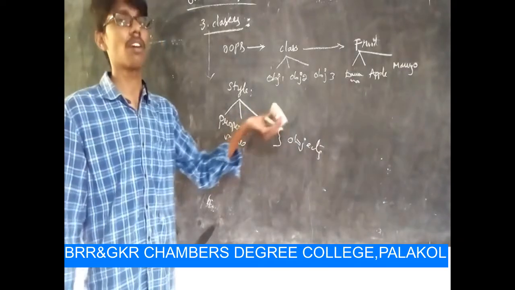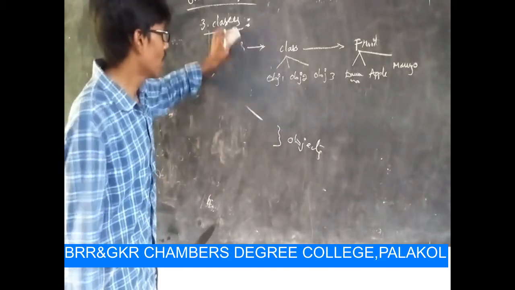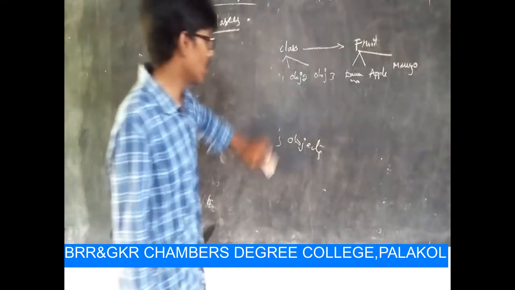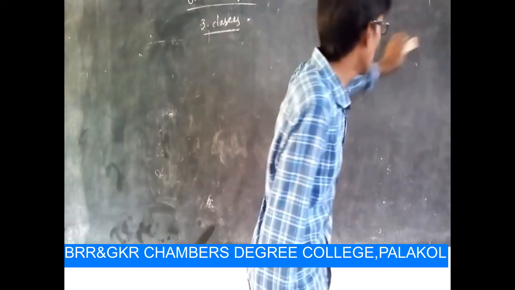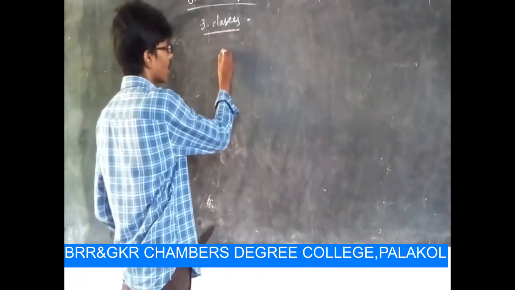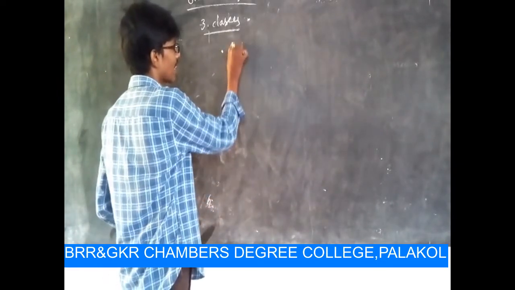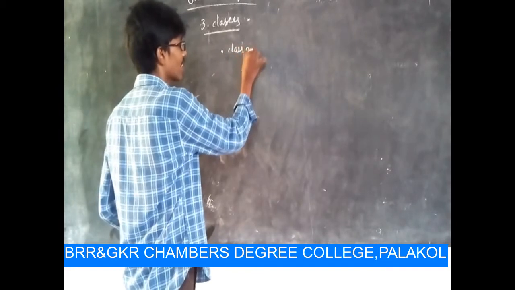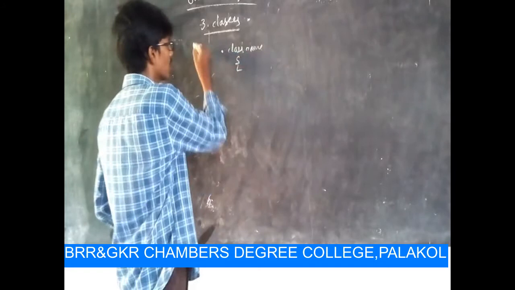These are different objects of the entire style. If you want to implement this by using the class concept, we represent it as dot, thereafter the class name, and after that open the curly brace.